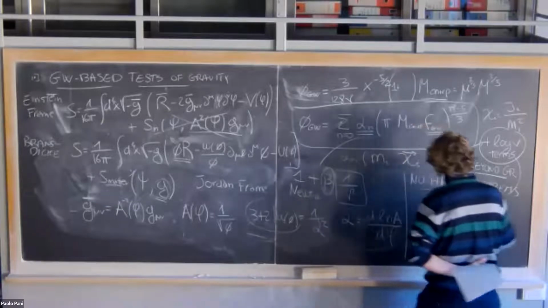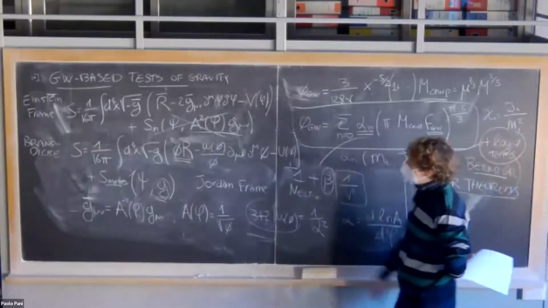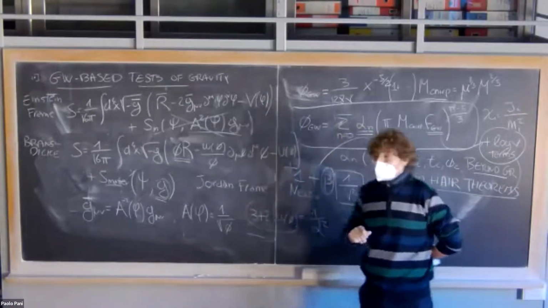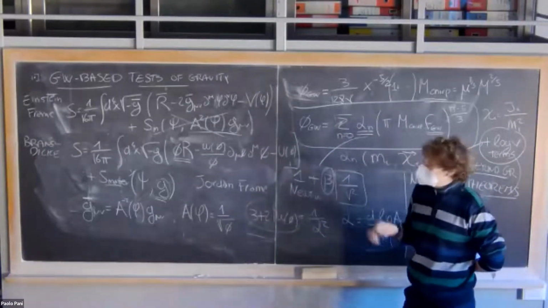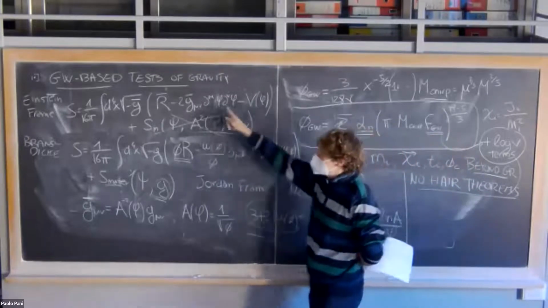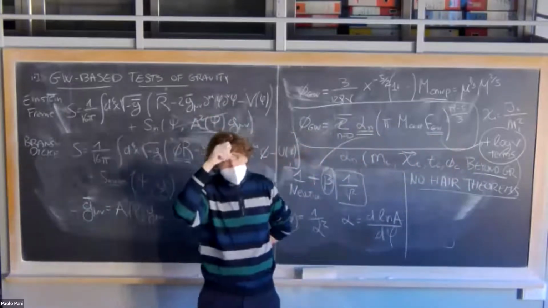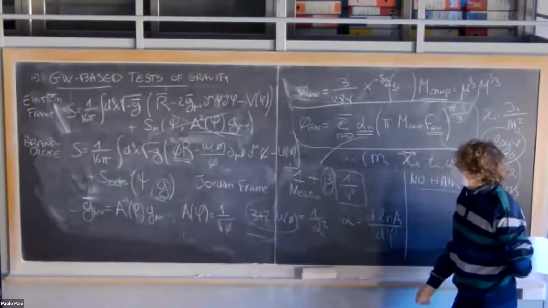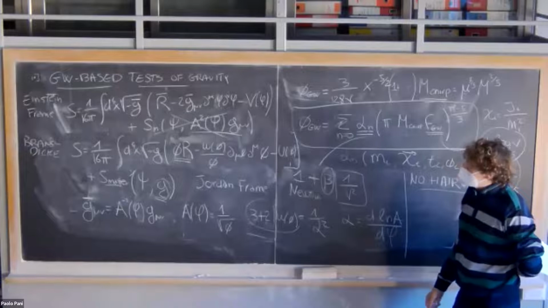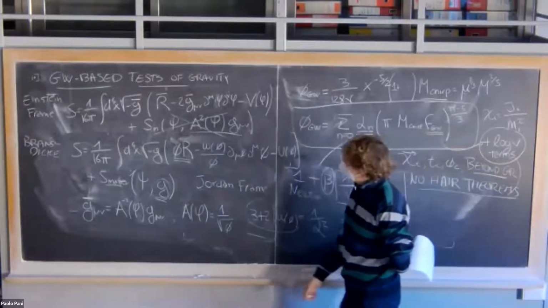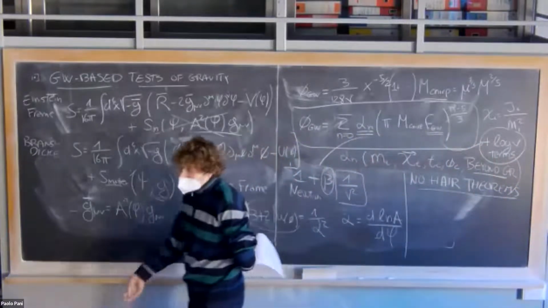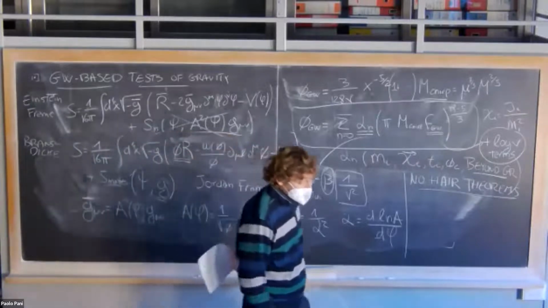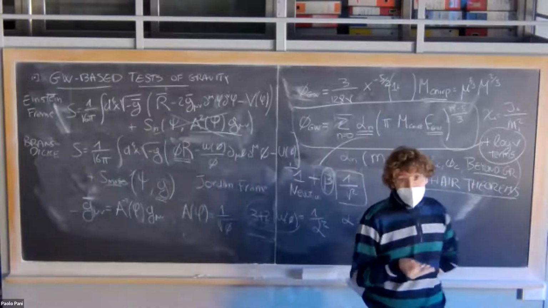So these theorems tell us that in a theory like that, under certain very mild assumptions on the potential, black hole solutions in this theory must be the same as those of GR. In particular, they do not have any scalar charge.